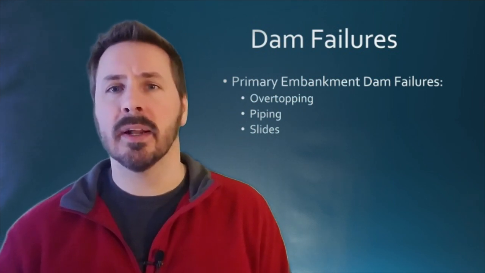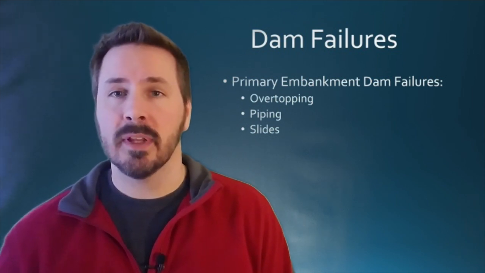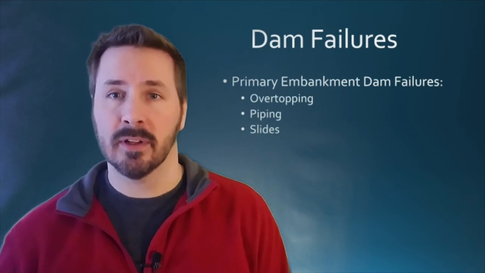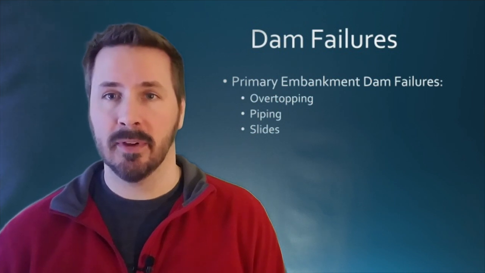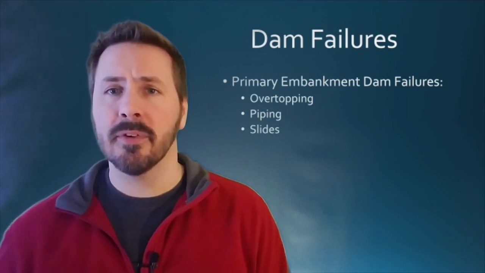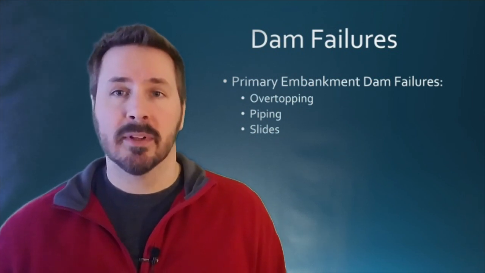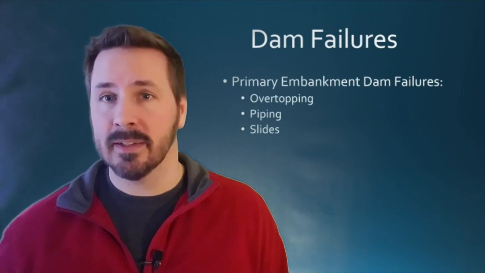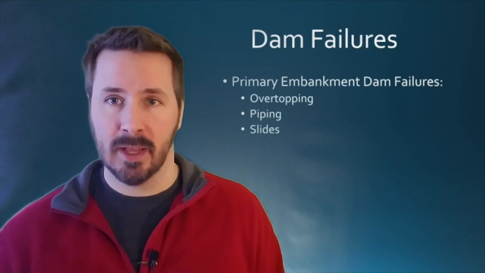Then we have a video on a piping failure, which is when water starts to seep through the dam and start to carry parts of the dam out with it, creating a larger and larger pipe or hole through the dam, eventually causing complete failure. And the third video is on embankment slides. The embankment can become unstable when it becomes saturated, causing a slide and loss of fill material that could cause the entire dam to collapse.